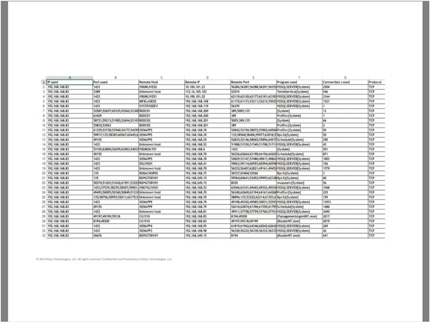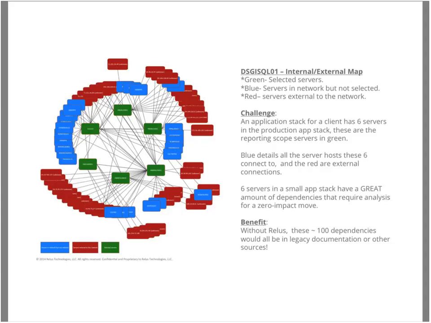In here, you can see an individual IP address of a specific server being used. Over here, you can see the ports being used for this connection, what remote host it's connecting to, the remote IP, the ports at that remote host, the programs being used, the connection count, along with the protocol.